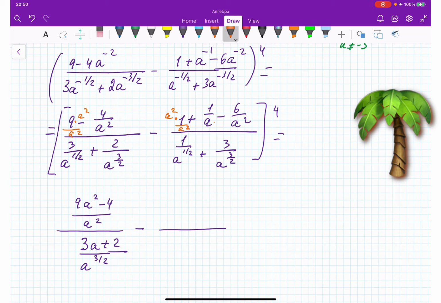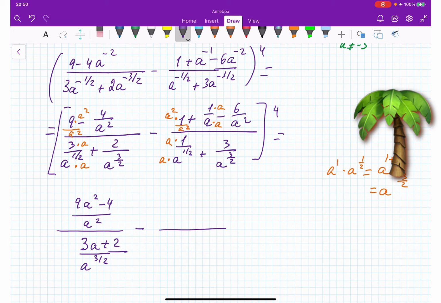Here multiply only by a, because we have a to power 1 times a to power 1/2, we add 1 plus 1/2 and get a to power 3 over 2. So here also multiply by a, and the same thing I did here also.